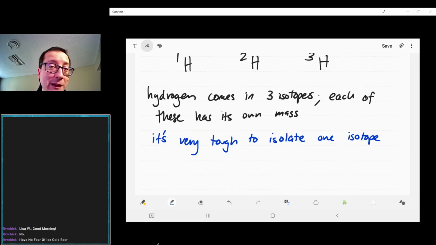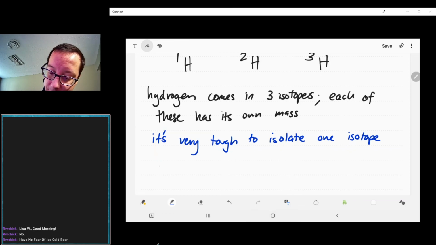We have 3 flavors of hydrogen, each one has its own different mass, and so if we want to relate the mass of a sample of hydrogen to the number of atoms, we can't just say, these 800 atoms, you're all H3, those 2 million atoms, you're H2, and the rest of you are all H1. It's tough to make that call. So we're going to use statistical projections to figure this out.